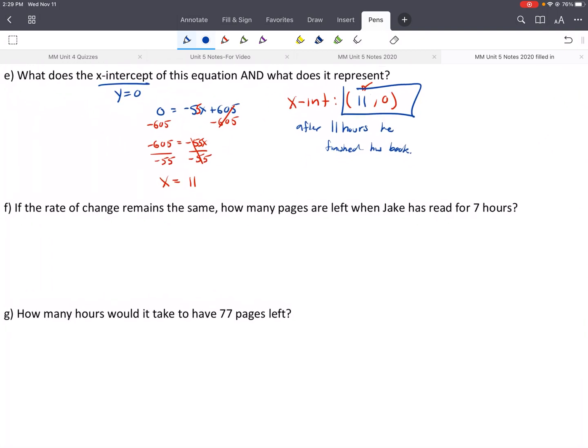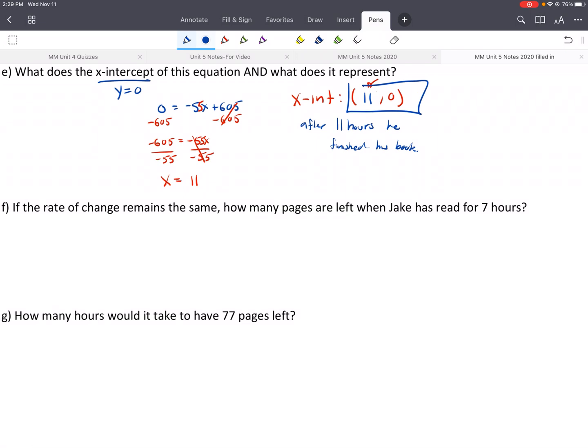If the rate of change remains the same, how many pages are left when Jake has read for 7 hours? So again, hours is our x's. Our time is x. So we're going to plug that into our equation, which was y is equal to negative 55x plus 605, so we'll plug in 7.